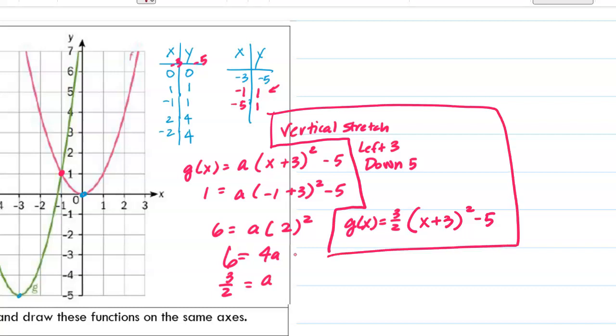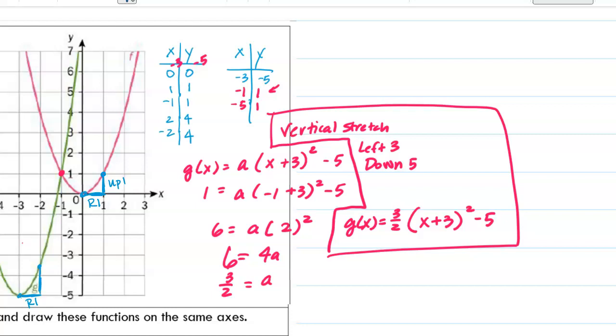Another way you can find it, and we haven't gone over this, is that I said the first clear point from the vertex for parabolas and most other functions is going to be kind of like slope. If you look at this next point, it's right 1 and up 1. And then if you look here, it's right 1 and then it's up about 1.5.